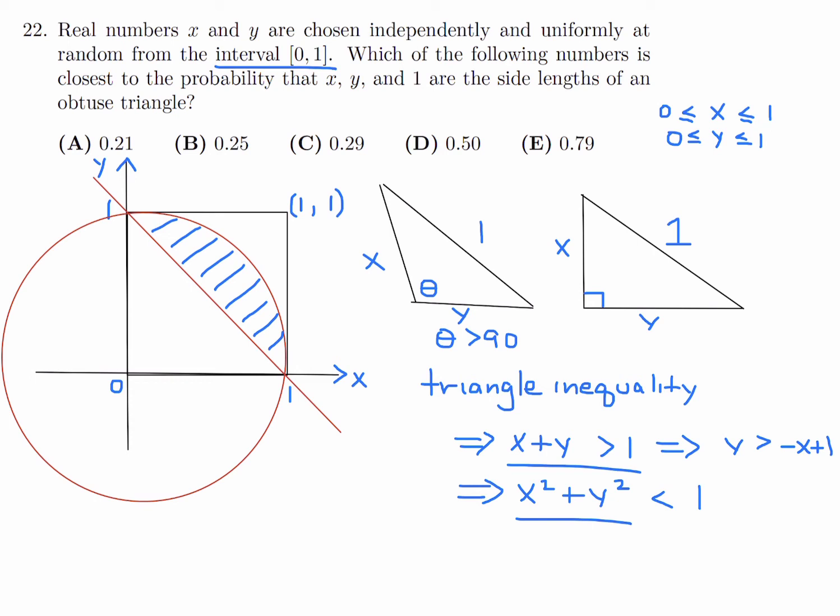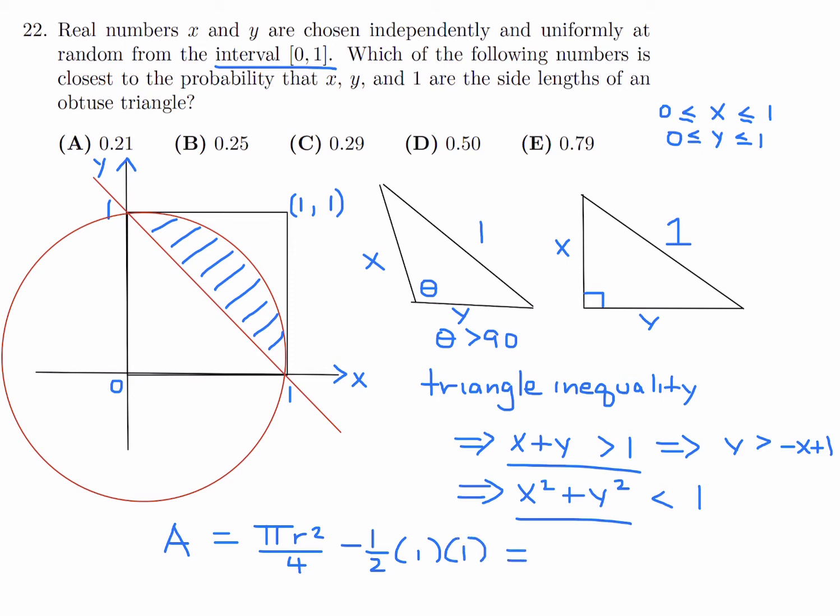Okay, well, that area is a quarter of the circle, which would be this, minus this triangle. So a quarter of the circle, pi r squared divided by 4, minus 1/2 base times height. The base is 1, and the height is 1, so 1 times 1.